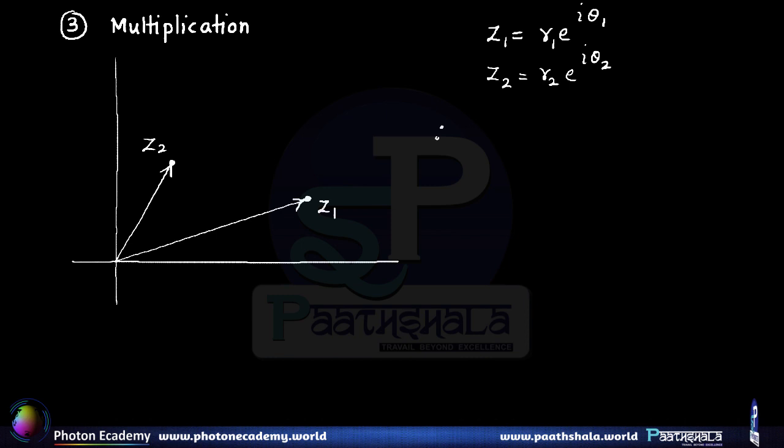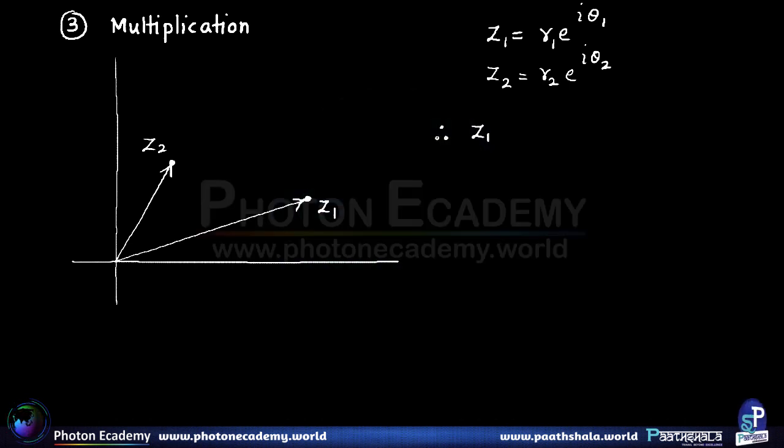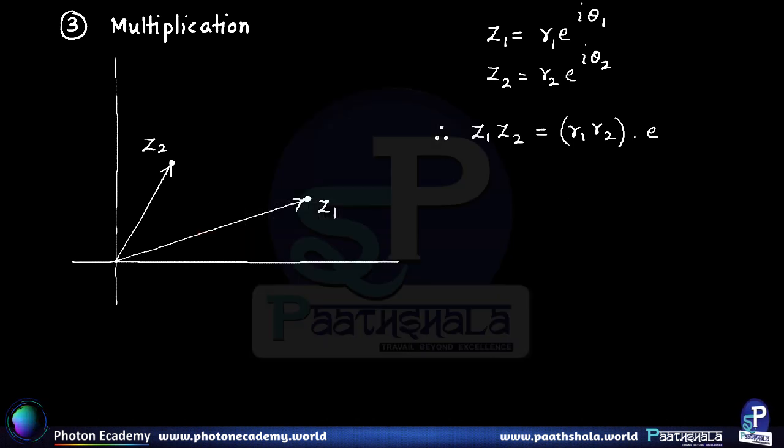So therefore when you do the multiplication, that is z1 z2, what happens is the respective magnitudes will get multiplied. So we will have r1 r2 as one term into e raised to, now when you multiply the exponential terms, in the exponent i will come common and theta 1 will get added to theta 2 since the base e is same.